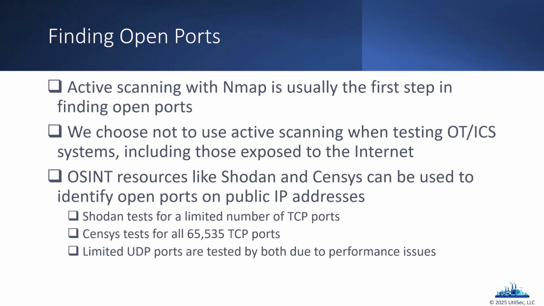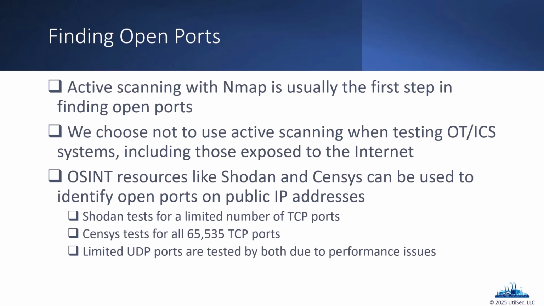So we can find ports with Shodan, and Censys is very similar to Shodan. There are others we talk about, like ZoomEye, which is the Chinese version of Shodan, and we'll take a look at that before we wrap up. The cool thing about Censys is that they actually test all 65,535 TCP ports, and a limited number of UDP ports.